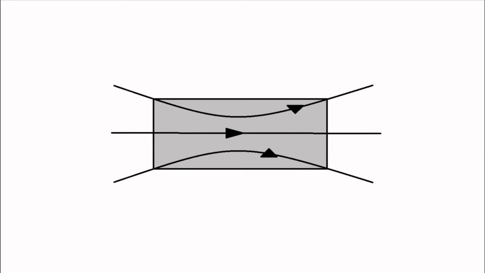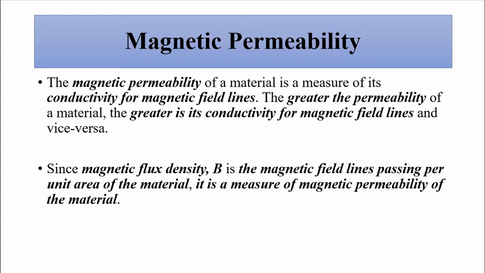We can compare it with the electrical circuit as resistance. Resistance means the more the resistance, less electric current, and the smaller the resistance, the higher the electric current. So like that, magnetic permeability is the conductivity for magnetic field lines.